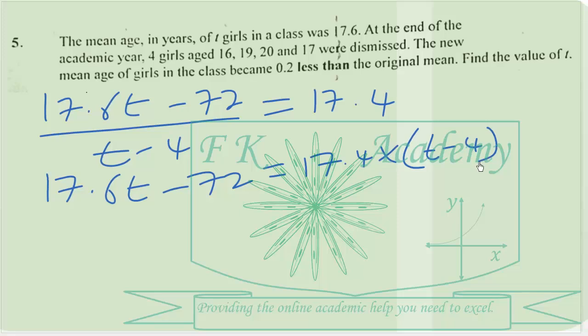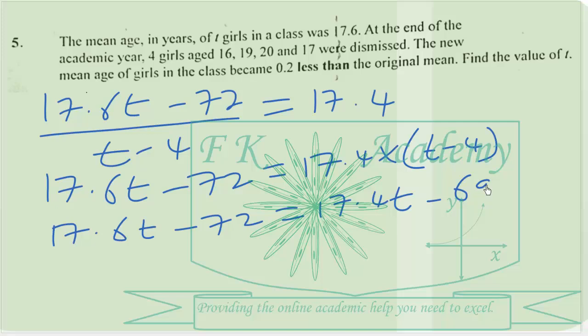So we have to expand this. So we have 17.6t minus 72 is equal to 17.4t minus, now 17.4 times 4 will give us 69.6.